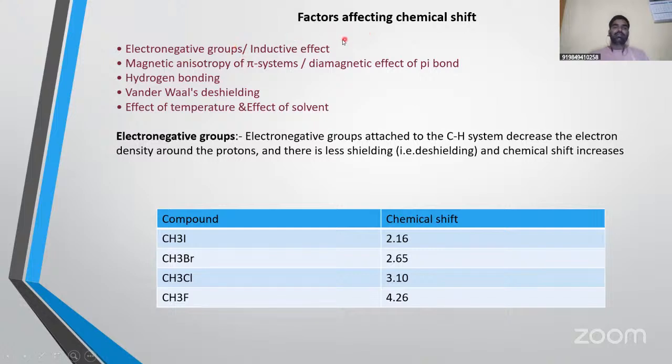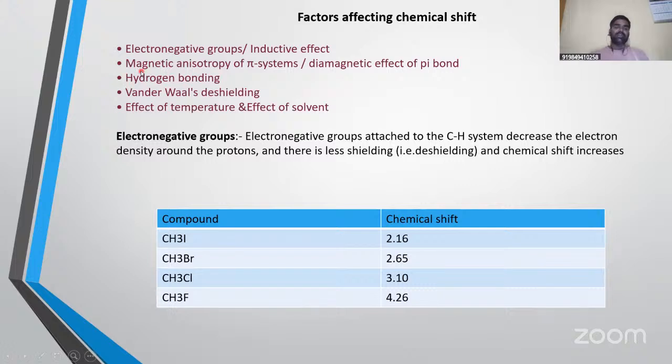The first factor is electronegative groups, which can affect the chemical shift, and also the diamagnetic effect of pi bond. Hydrogen bonding may also affect the chemical shift.